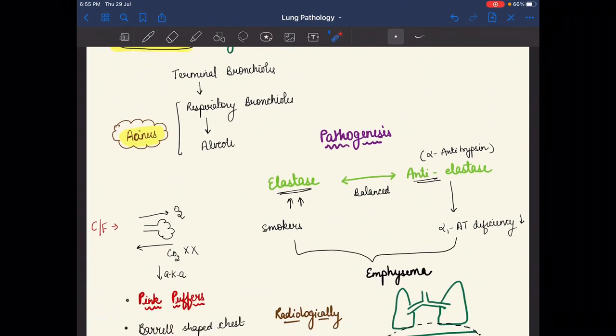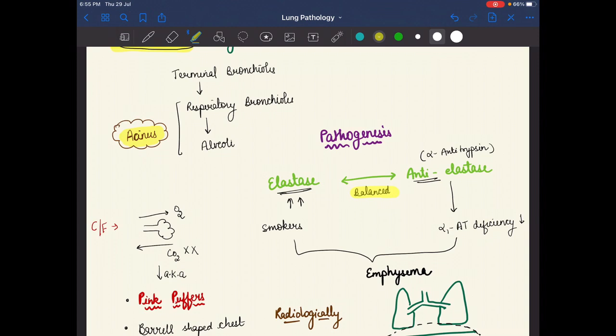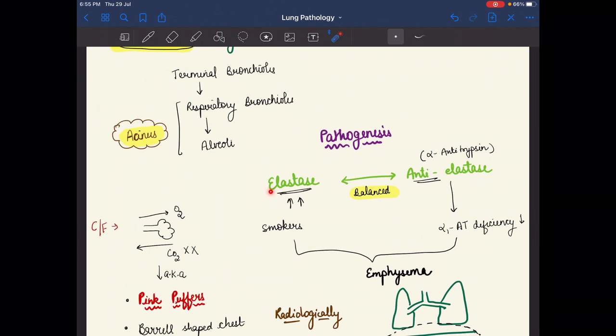Now the pathogenesis of emphysema. As we know, in our lungs elastase and anti-elastase are in balance, but in smokers the elastase activity increases. As elastase increases, the anti-elastase decreases, and the anti-elastase here is alpha-1 antitrypsin.